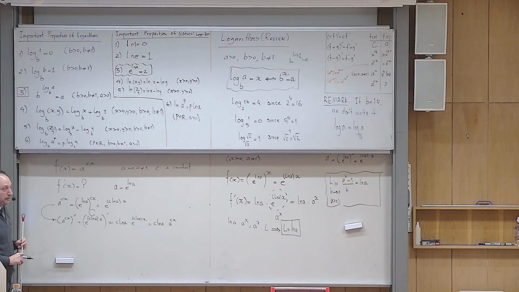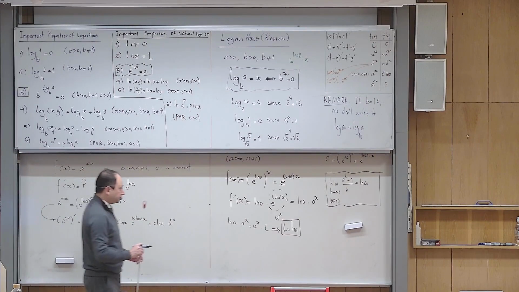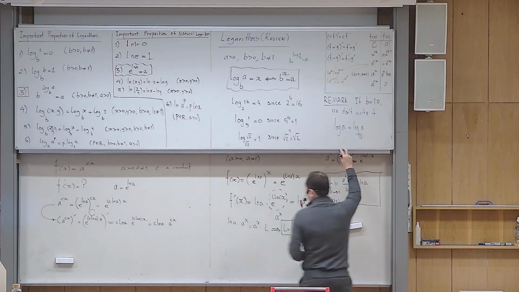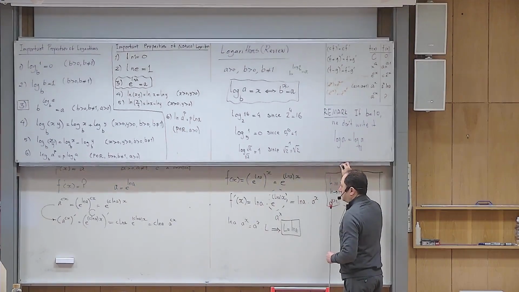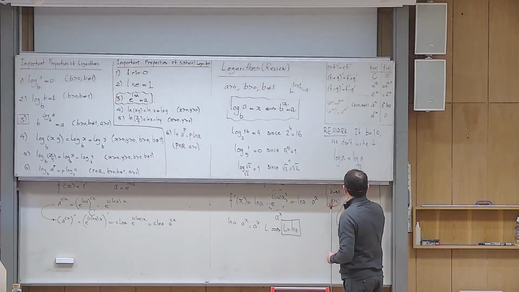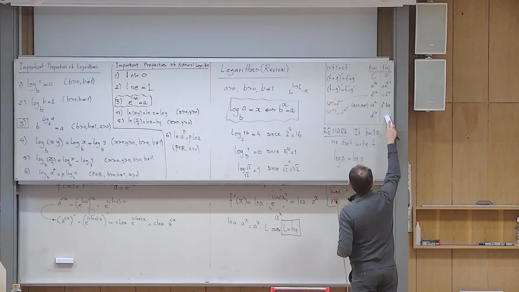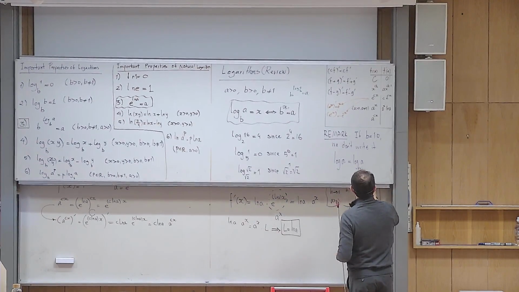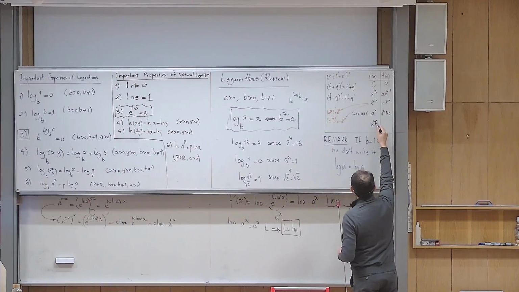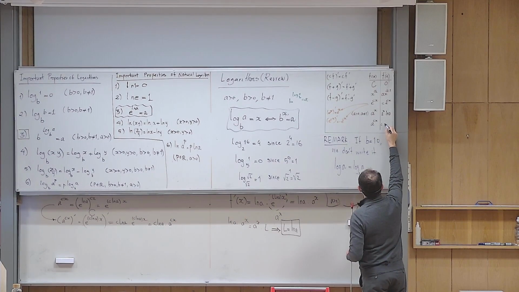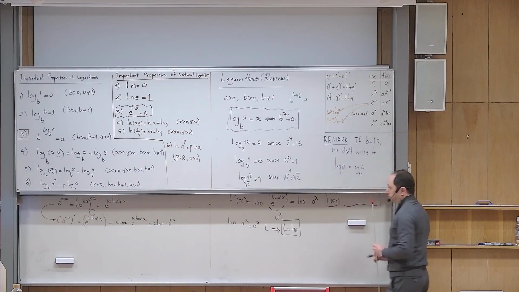That's the answer. So I can now clean this and write the answer. So you see, c goes down, the function repeats itself, but you have to multiply by ln of a. So that is the answer.